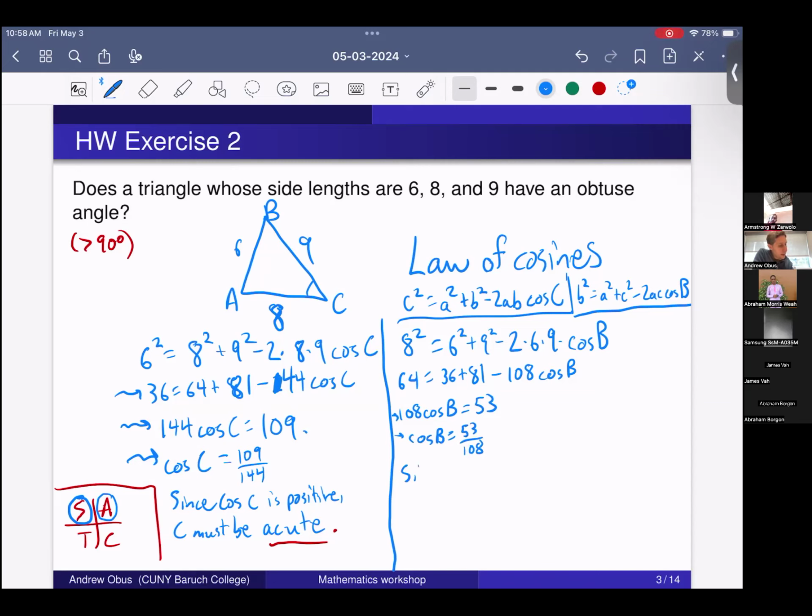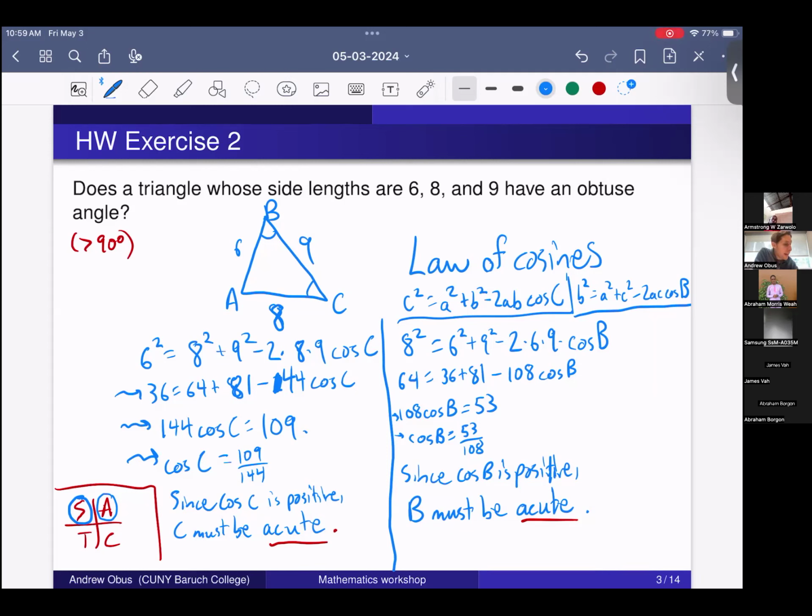And again, since cosine B is positive, B must be acute. Okay, so angle C is acute, and angle B is also acute. Exactly the same method.